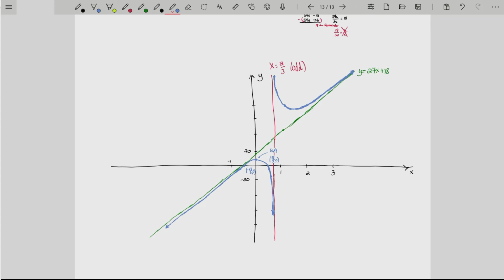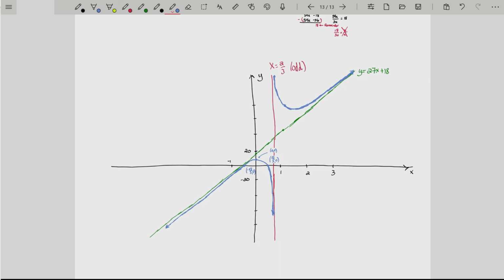My warning here about drawing your slant or oblique asymptote first is super important, because your scale is going to just go out of whack if you draw it last. So I highly recommend drawing your oblique or slant asymptotes first, and scale it in such a way that you can actually see that asymptote for the entire grid.